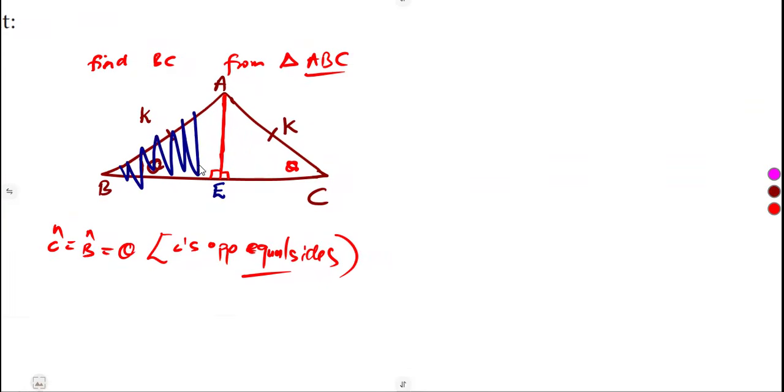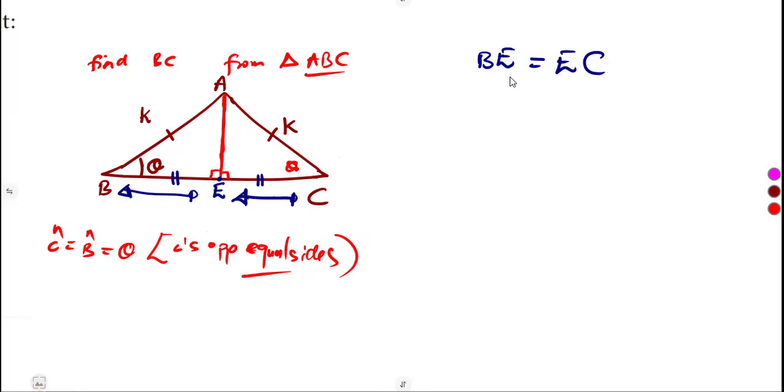You can use triangle BAE, or you can use triangle AEC to find the side BE or to find the side EC. Because these two are exactly of the same length. From B to E is the same as from E to C. You could have worked with the angle of A there, which is fine.